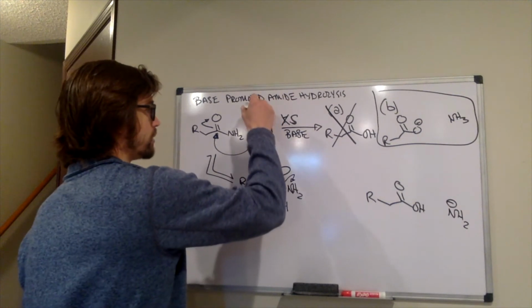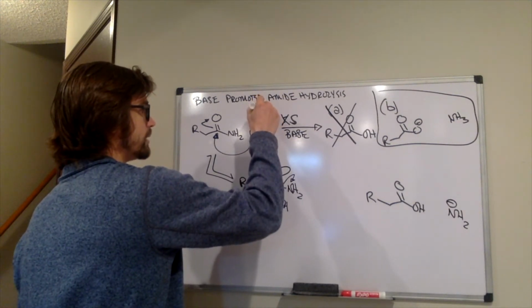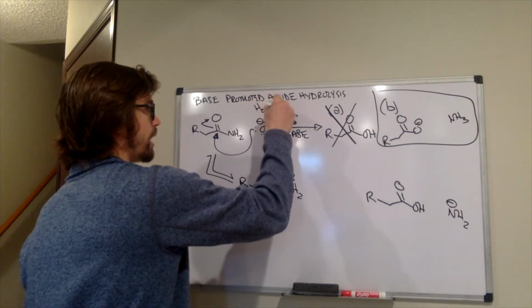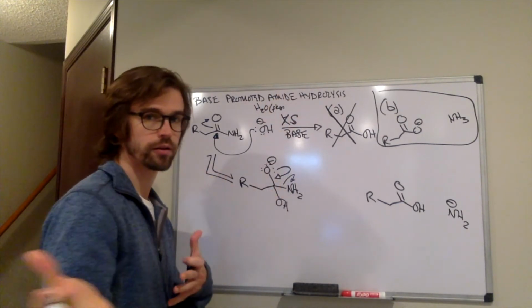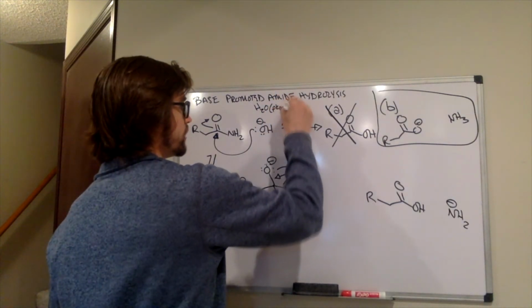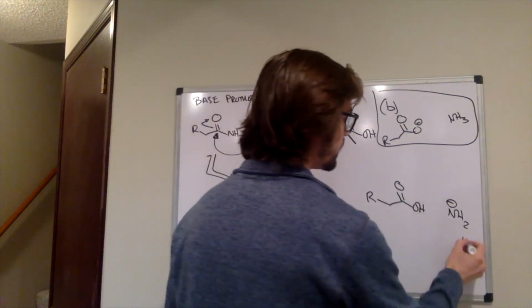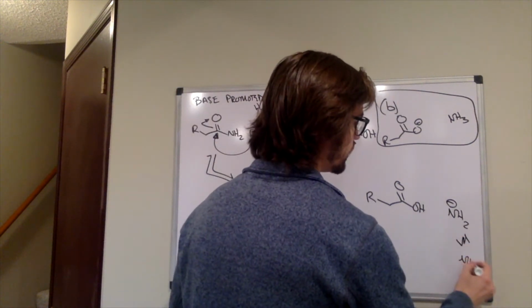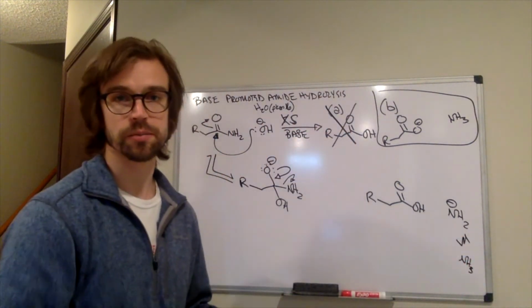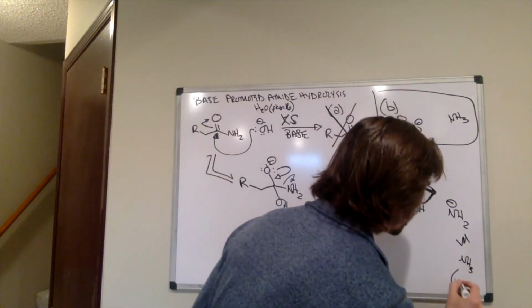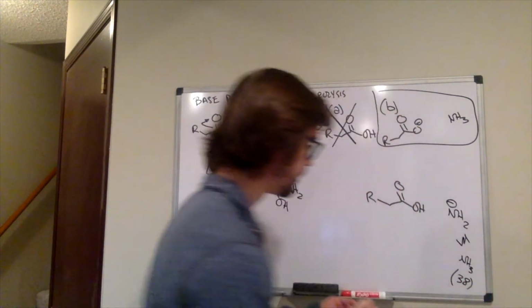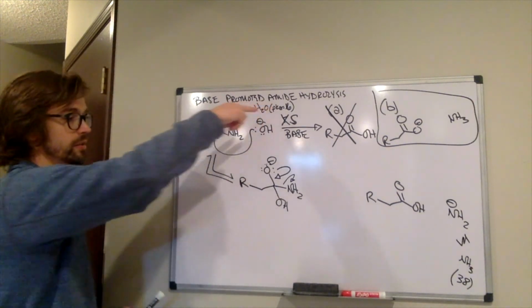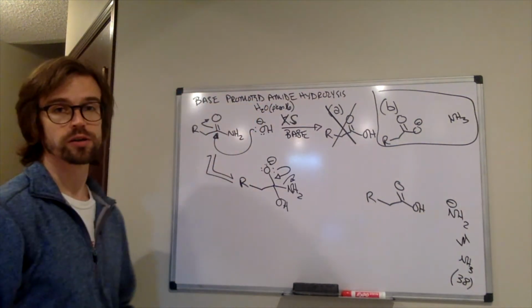The conjugate acid of OH minus is H2O, which has a pKa of 16-ish, 15.7. And NH2 minus, its conjugate acid is NH3, which has a pKa of 38.